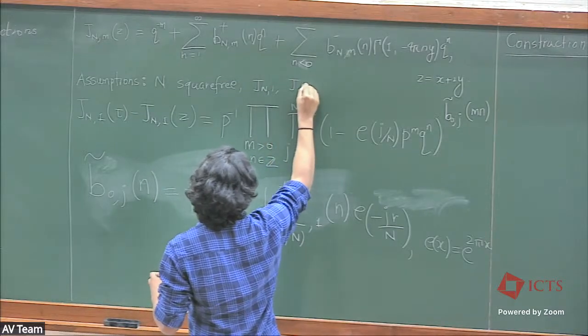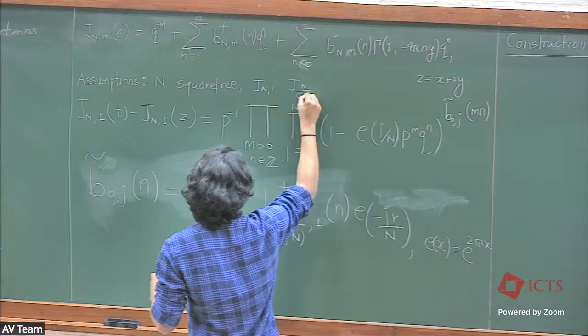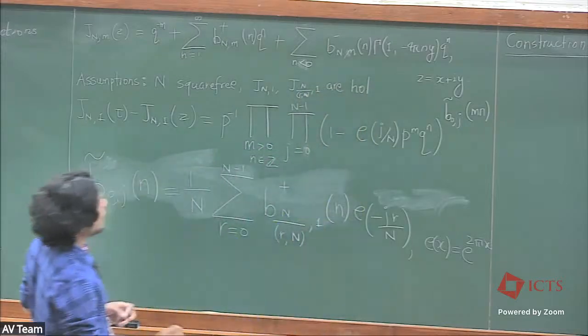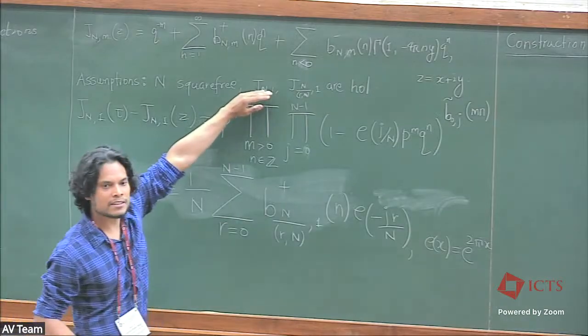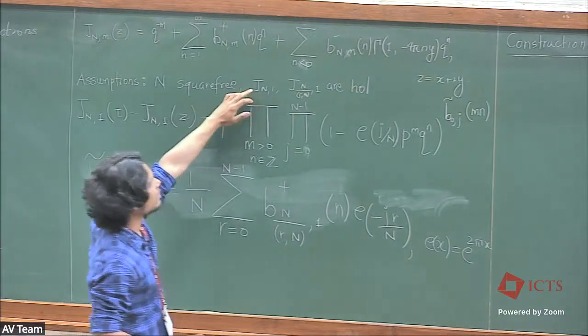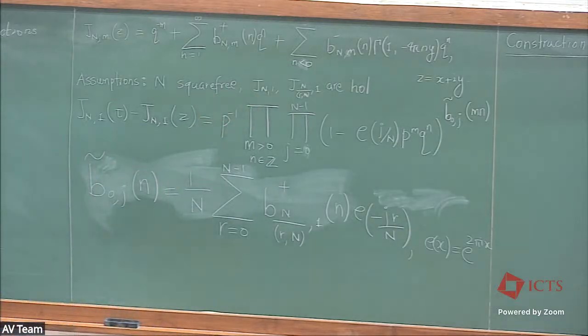These conditions can be satisfied for certain values of N. There is an infinite class of capital N's for which these are satisfied, and for those N's, this identity is true.